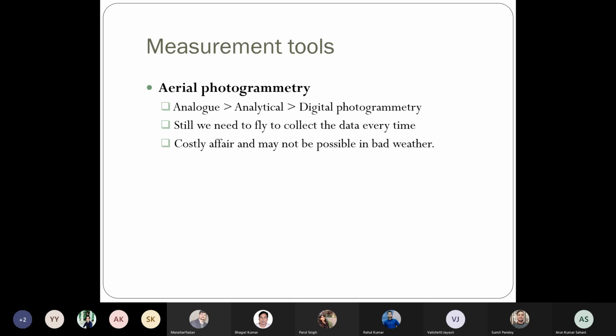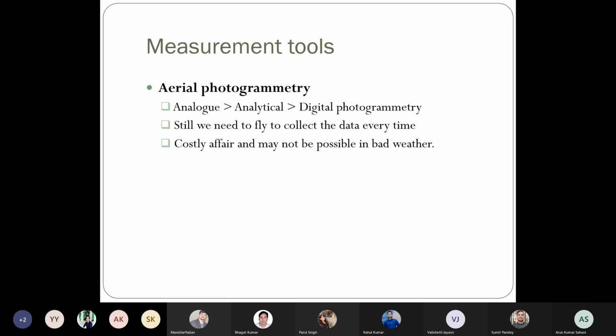But still, we need to fly to collect data every time. Each time you need to plan the airborne survey, you need to fly, then you collect the images, and further those images will be used for the related applications.